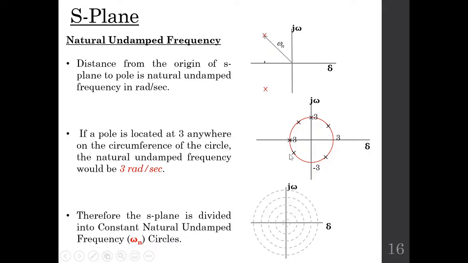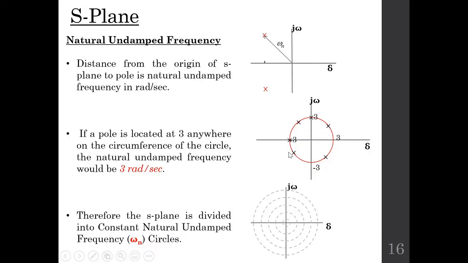If we look at this S-plane where we have drawn a circle, you have a pole at 3, then here and then here. So on the circumference of the circle, the undamped natural frequency would be 3 radians per second in this S-plane.